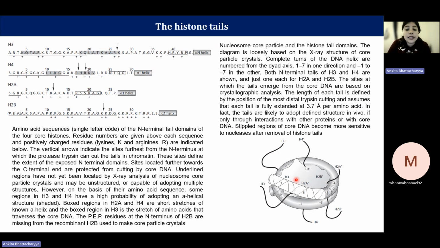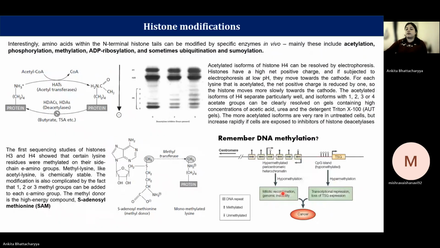In fact, tails are very likely to adopt defined structures in vivo, if only through interactions with other proteins or with core DNA. Stippled regions of core DNA become more sensitive to nucleases after removal of histone tails. So once histone tails are removed, these regions of core DNA become more susceptible to nucleases. So overall, it's a summary of what we have already discussed and the orientation that they assume.